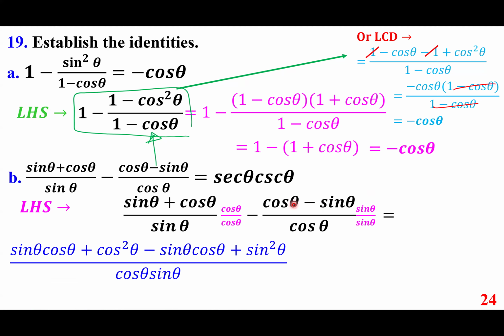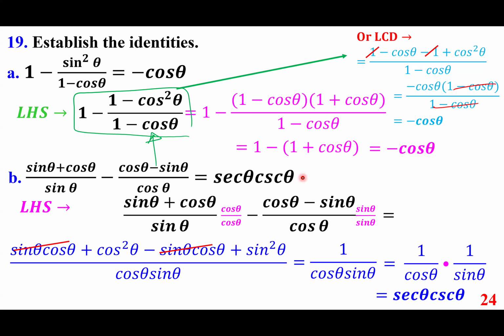So what happens? These two cancel each other. Cosine squared and sine squared add up to 1. We're going to cut this into two fractions, 1 over cosine, 1 over sine, because 1 over cosine is secant theta, 1 over sine theta is cosecant theta. That's why we cut it in two fractions in this format, everybody.